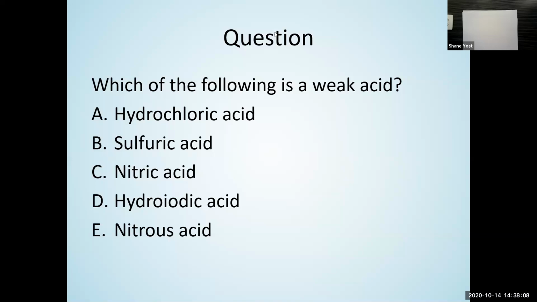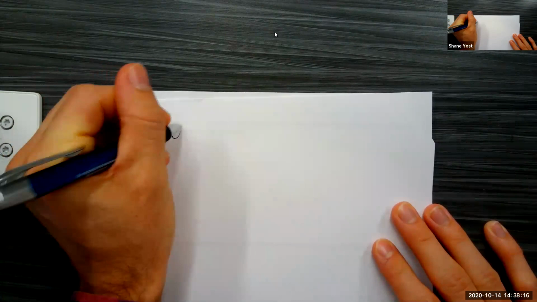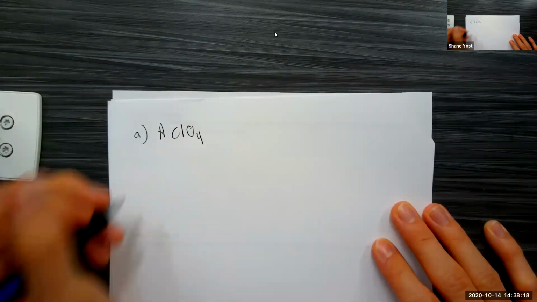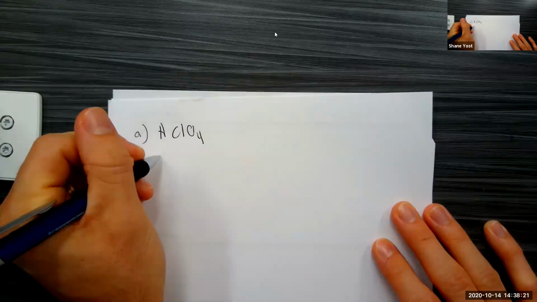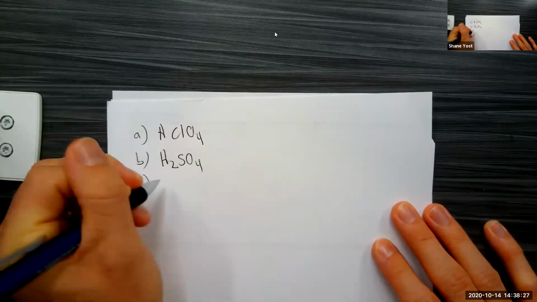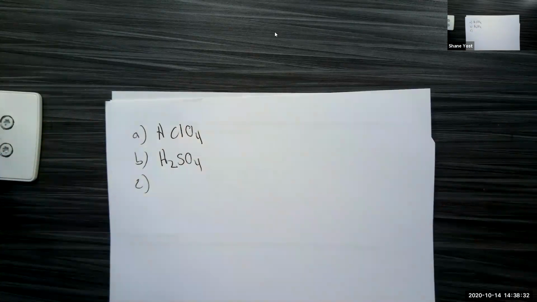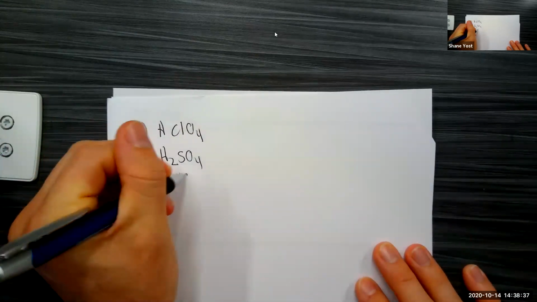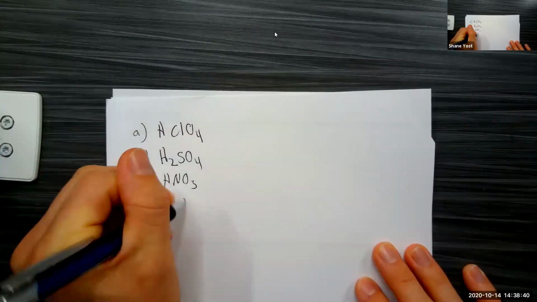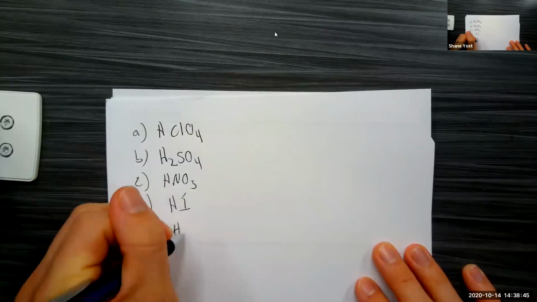So let's go through them: chloric acid, HClO4; sulfuric acid, H2SO4; nitric acid, HNO3; hydroiodic acid, HI; and E, nitrous acid, HNO2.